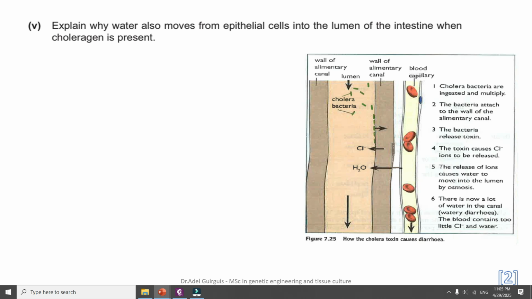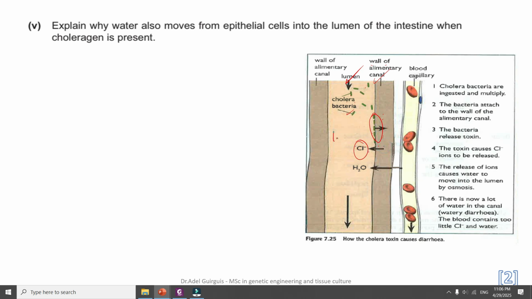Here is the lumen of the intestine where cholera bacteria are found and secrete choleragen. Choleragen disturbs the cell membrane of the intestinal wall, releasing chloride ions to the lumen.